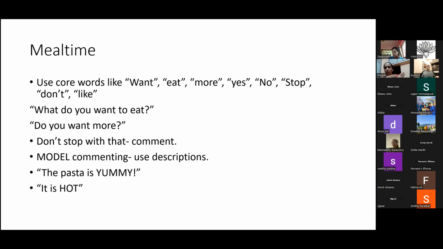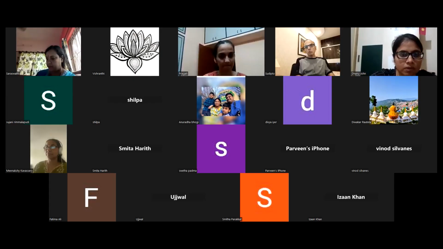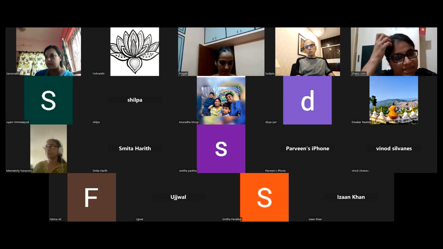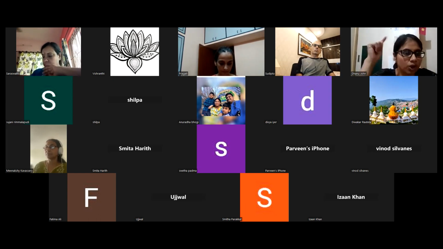You might say, okay, what do you want? The child says, I want pasta. Okay, you've given the pasta. You could go to the folder, then you keep saying it. So what you're talking about is the advanced folder thing, right, Smita? What Smita is saying is that you can always model to the child which folder to go to. Sometimes when a word is not available in the basic folder, you can model by going to the advanced folder.